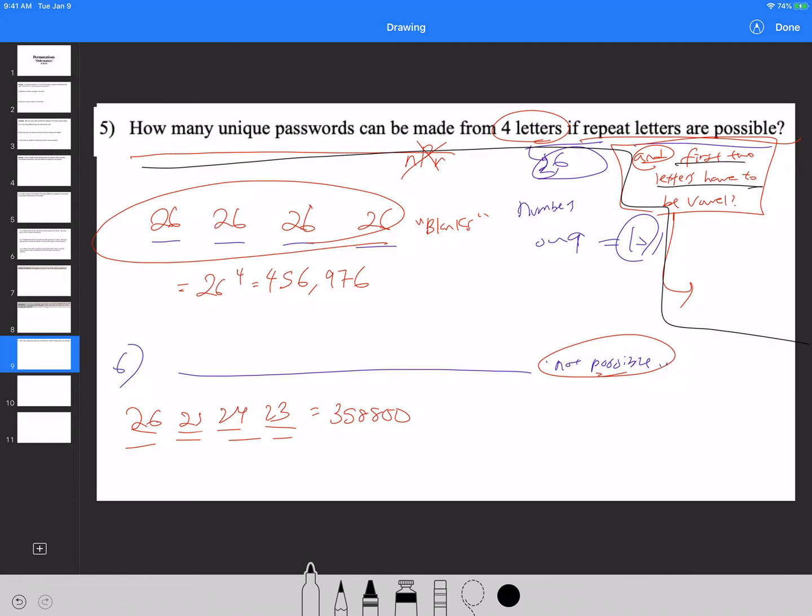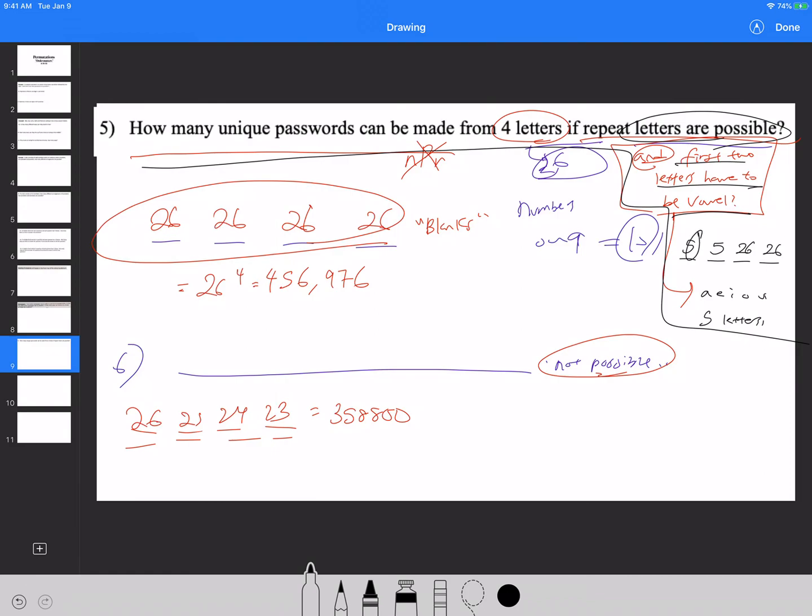So if the first 2 letters have to be vowels, that means that if I were to draw 4 blanks like this, the first 2 have to be either A, E, I, O, U, a selection of 5 letters. And since the repeat letters are possible, I can say 5, 5, 26, then 26.